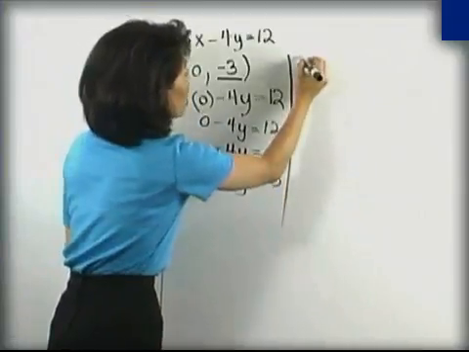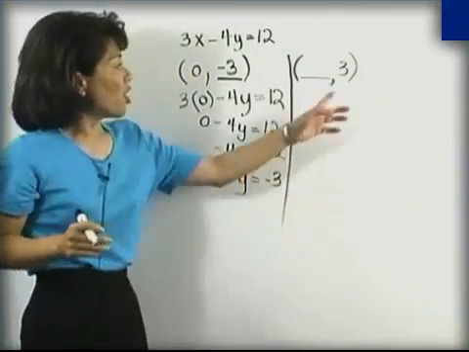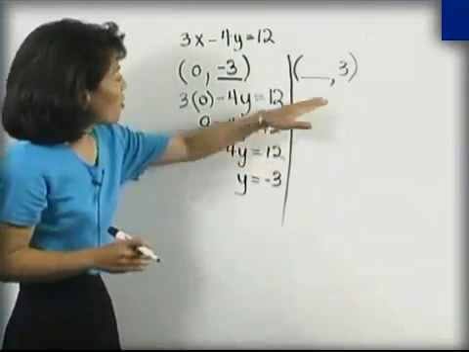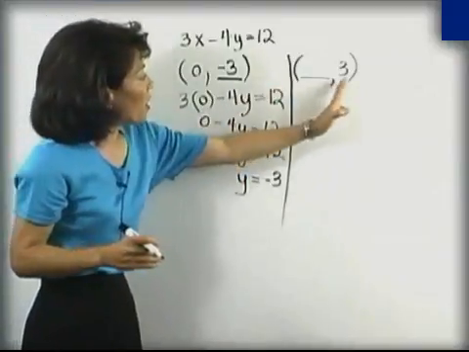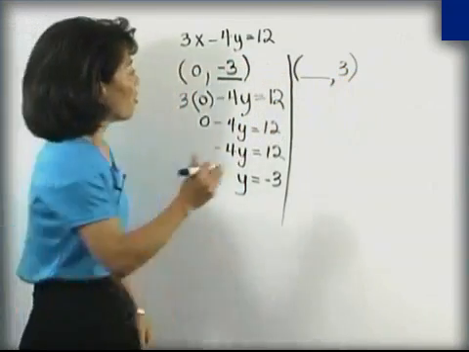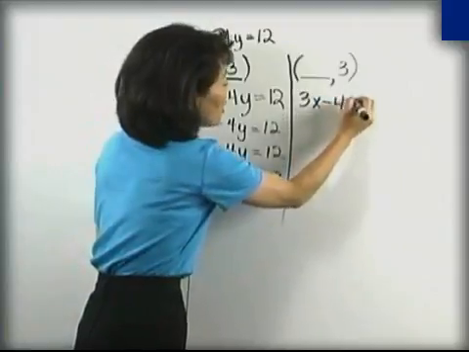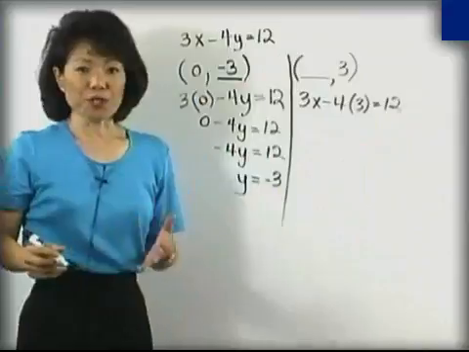Let's look at (?, 3). In this case, we know the y value but we do not know the x value. So using the method we just used in the first example, we let y equal 3 in this original equation and solve it for x. This gives me 3x minus 4, and in place of y we put 3, and that's all equal to 12.